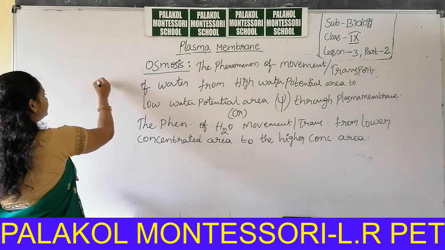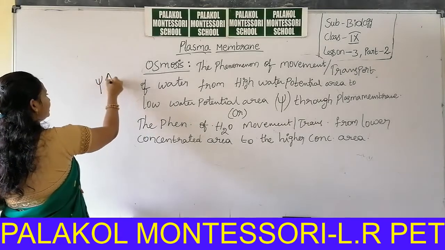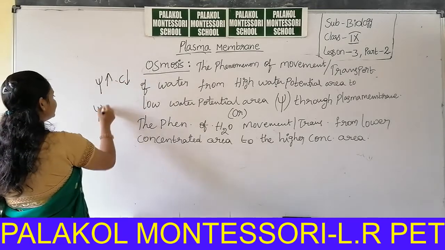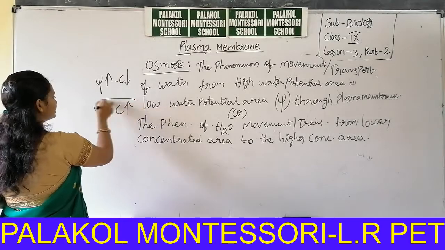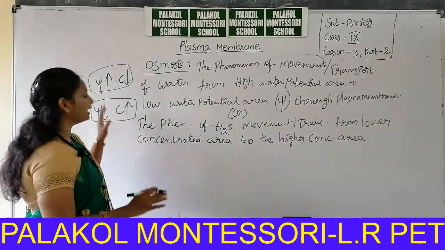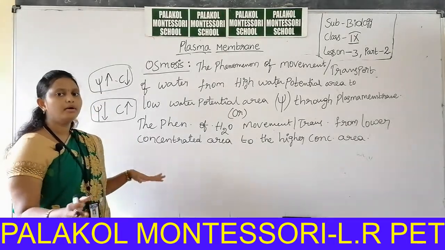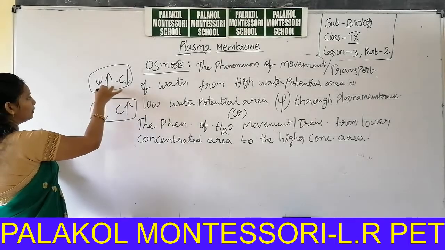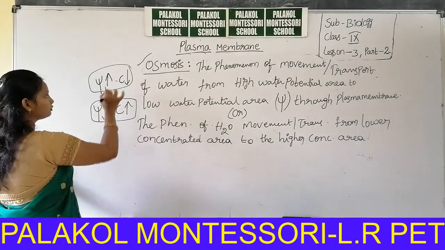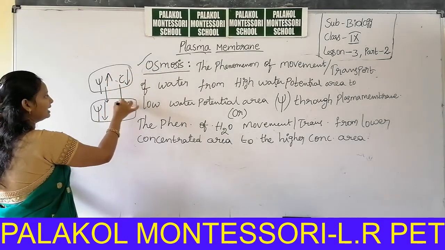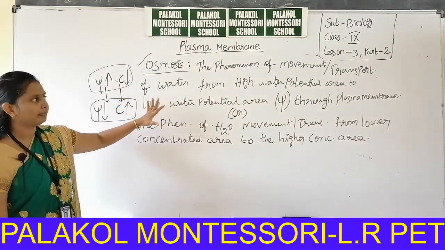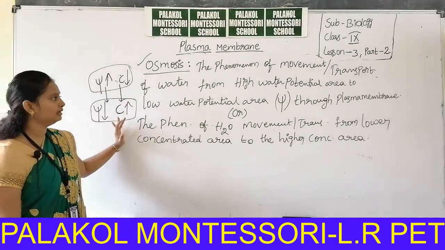Even though water potential is more in that area, if water is more, concentration is less. If water potential is less, concentration is more. These are common. So, if the water moves from high potential to the low potential, it is called as osmosis. If the water moves from low concentrated area to the high concentrated area, it is also called as osmosis. Don't confuse, students, carefully listen.